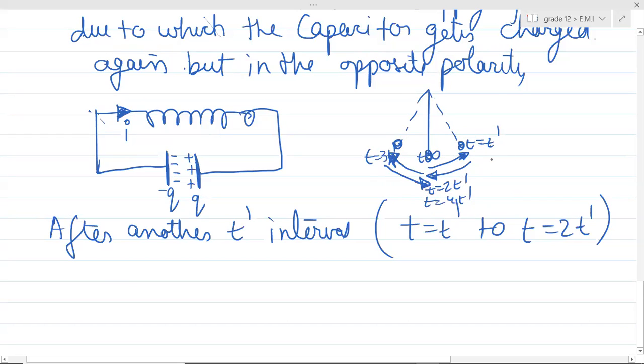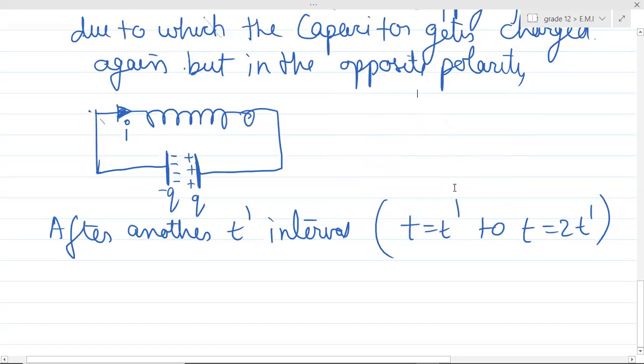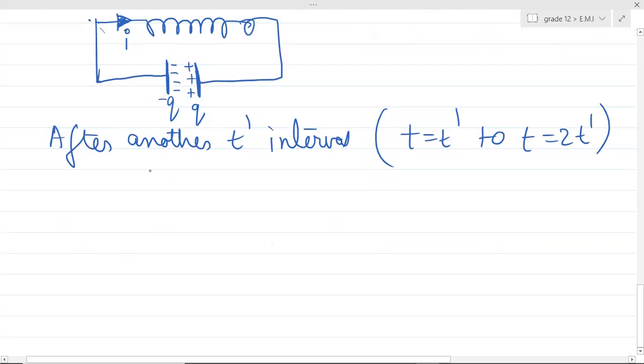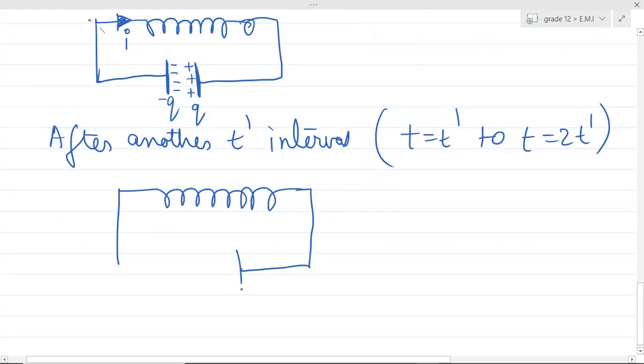So the same way, here the energy is oscillating. There, the physical pendulum was oscillating, but in this case what is oscillating? The energy is oscillating. So what will happen after another time t dash? The inductor will become completely discharged and the capacitor will get charged with the same charge but opposite polarity, plus Q and minus Q. Do you remember Q?